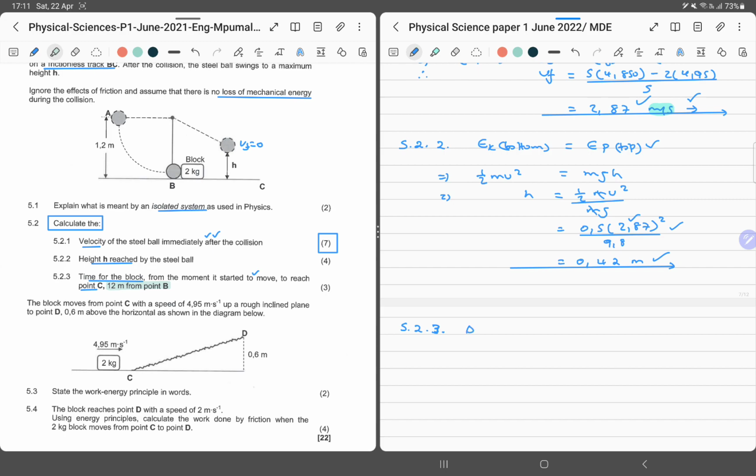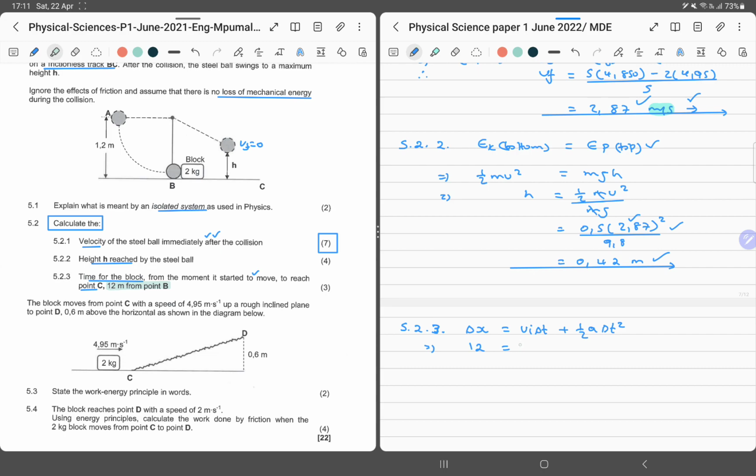We know that delta x is equal to the initial velocity times delta t plus half acceleration times delta t squared. I really hate these delta businesses. And then we are told here that this is 12 meters is equal to the initial velocity.